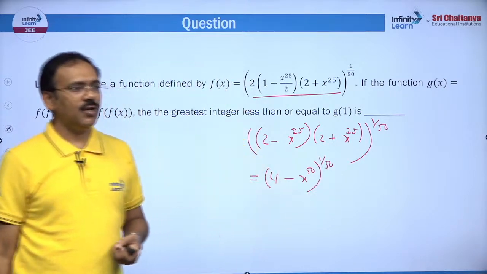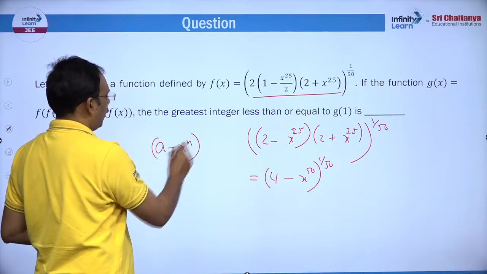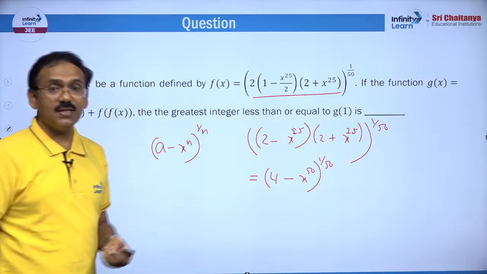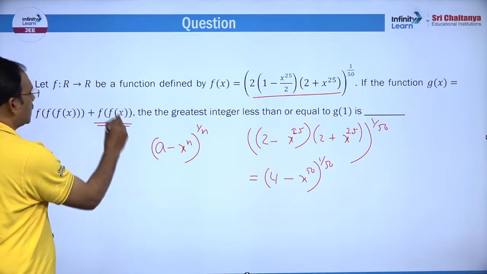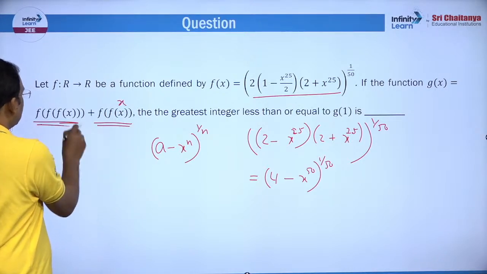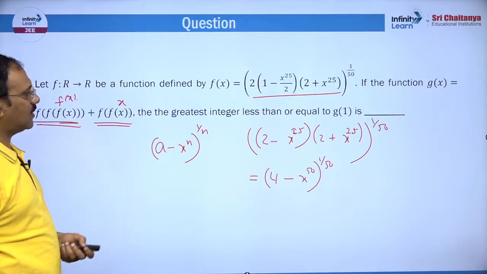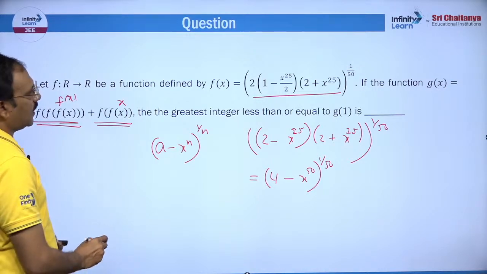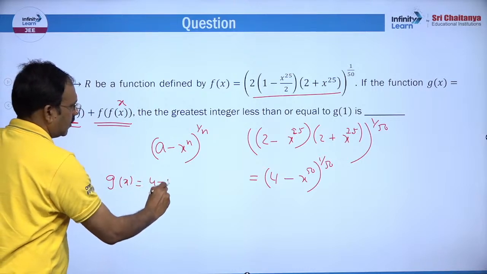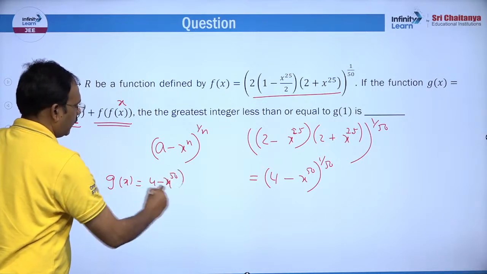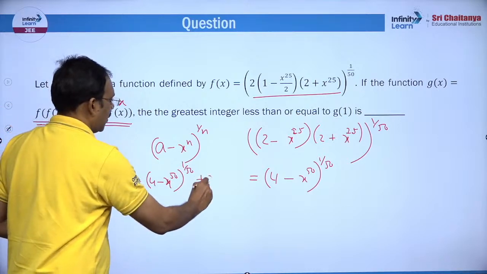I think you know, dear friends, a minus x power n whole power 1 by n is a function having self inverse. So f of f of x is nothing but x, three times this is f of x, my dear friends. So g of x is nothing but f of x, that is 4 minus x power 50 whole power 1 by 50, plus x.